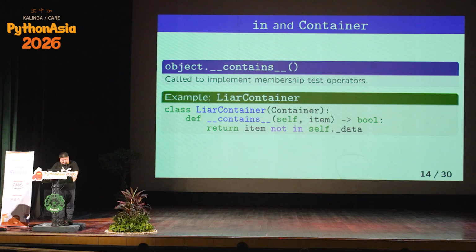See, the word not flips the result. If the item is in the data, it returns false. If the item is not in the container's data, it returns true. One line of code makes it completely useless.